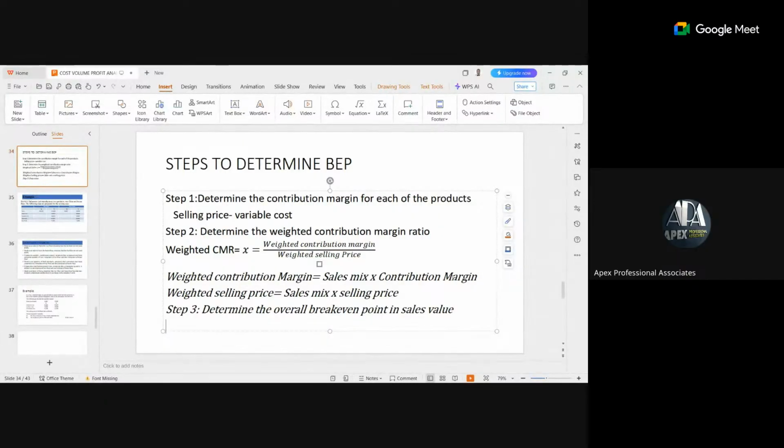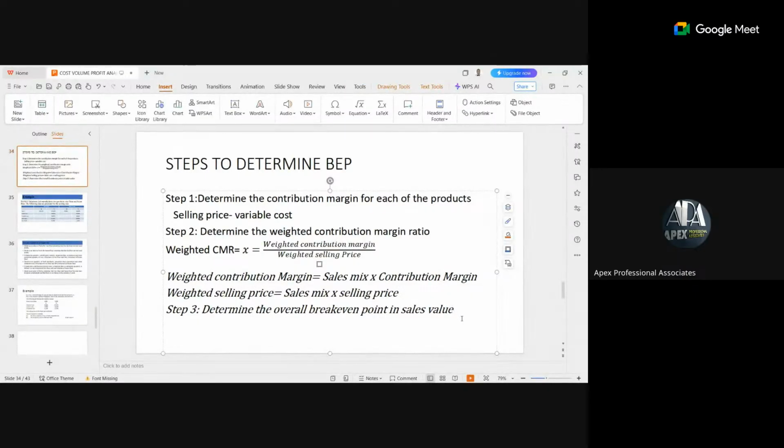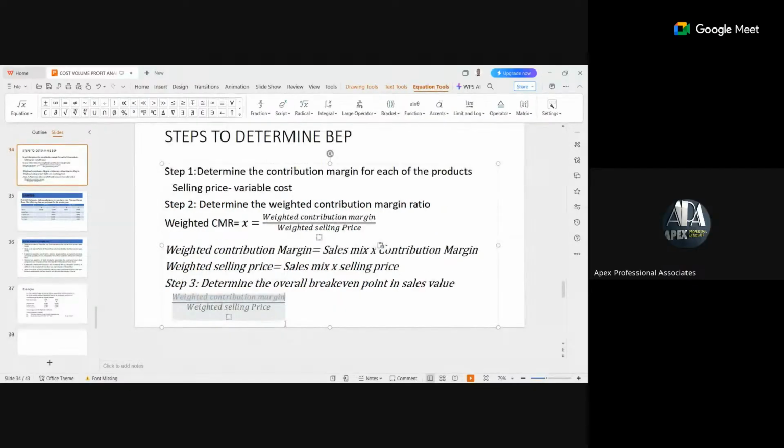It will be total fixed costs divided by what?